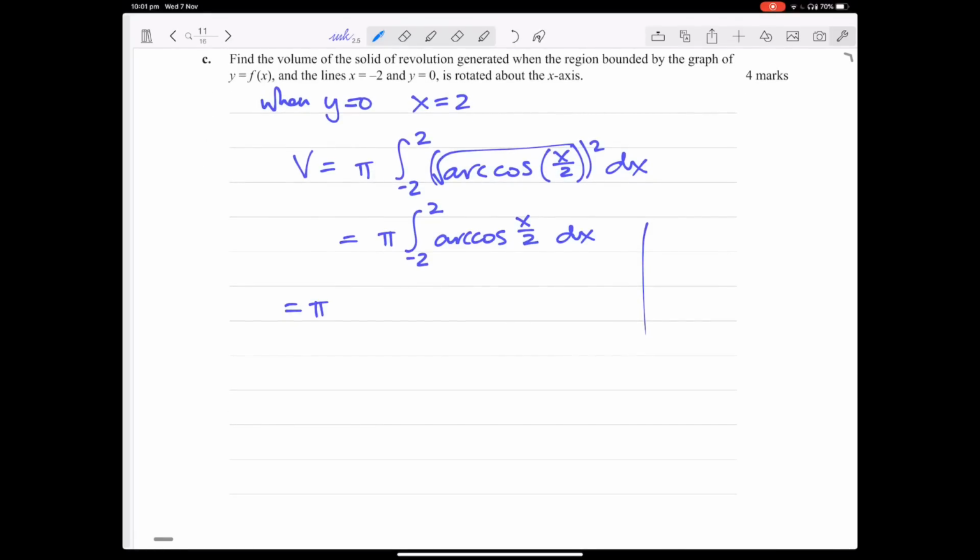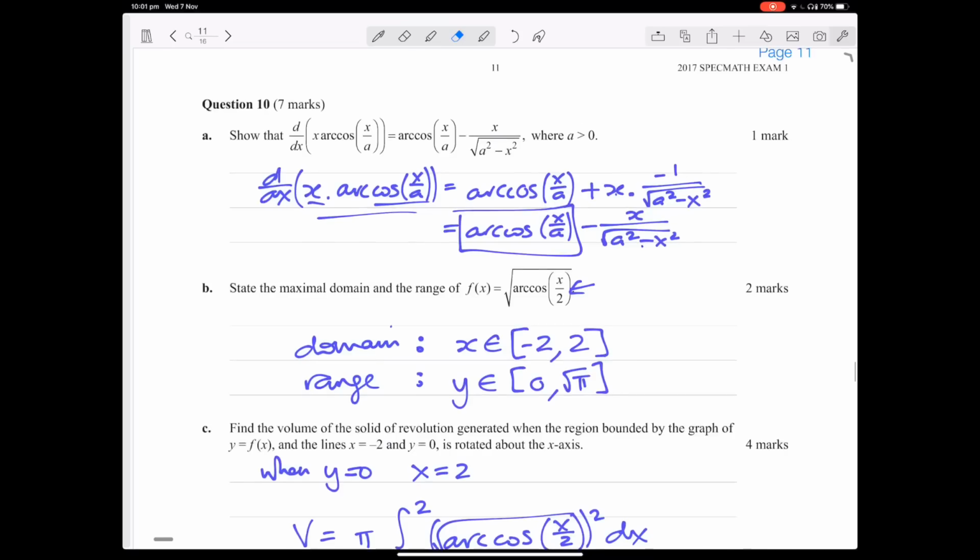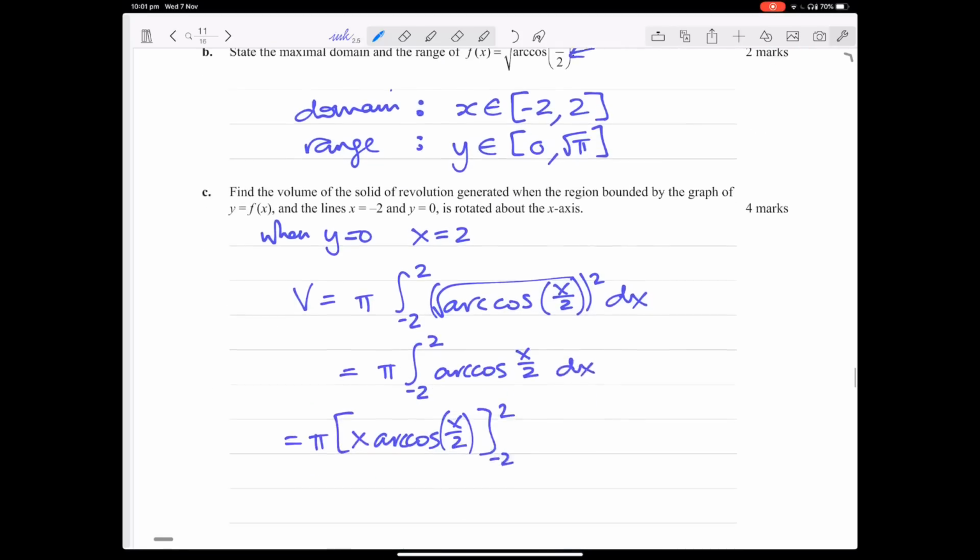So pi x arc cos x on 2 from -2 to 2, but then we also have to integrate this bit here. Oops. Oh, I can't undo it. We've got to integrate that bit there because we've got to bring it to the other side and make it positive.